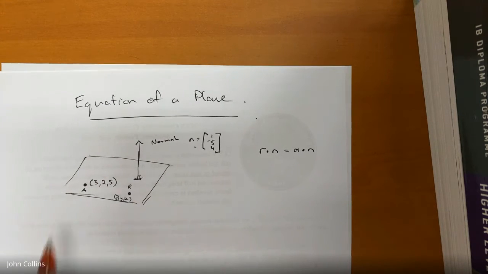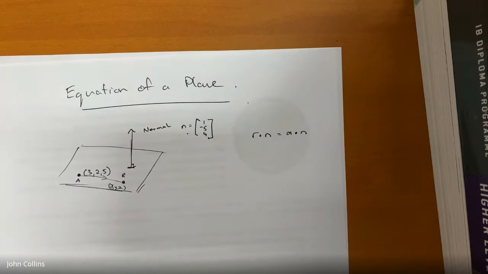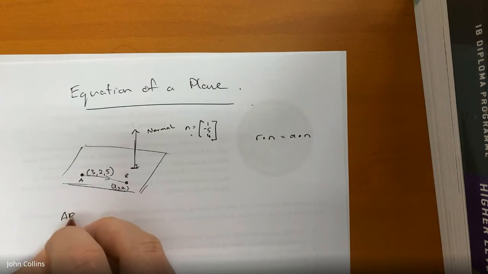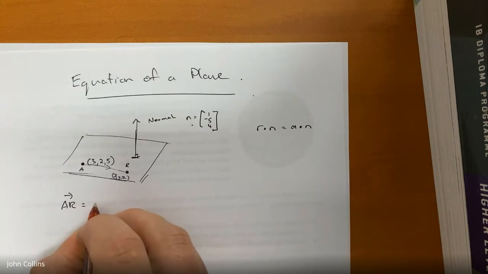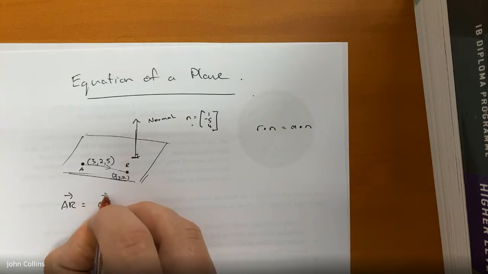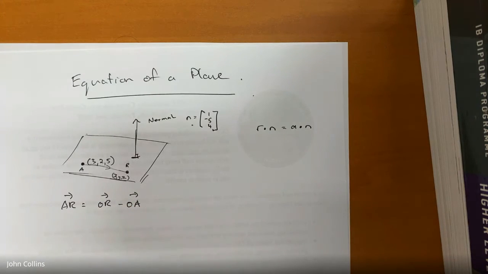So we're going to look at A to R then. How would we get the vector A to R? From our basics of vectors, that would be OR minus OA. Hopefully you remember that one.